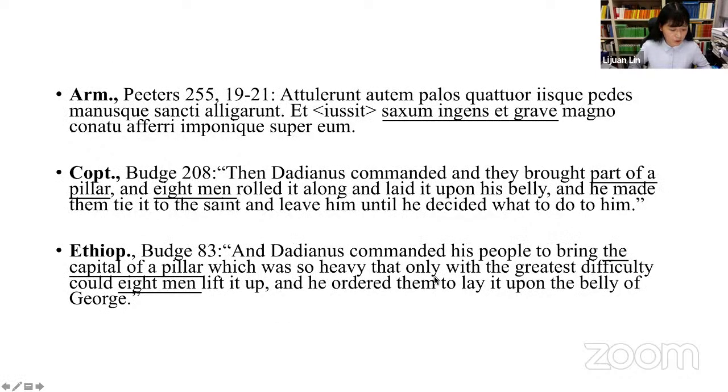And in the Armenian version, we can see a similar description of the huge and heavy stone. And in the Coptic version, part of a stone pillar and eight men raised it. In the Ethiopic version, the captain of the pillar and eight men lifted it up. So there is basically no real difference between these versions, although the number of the men who raised the pillar often varies.